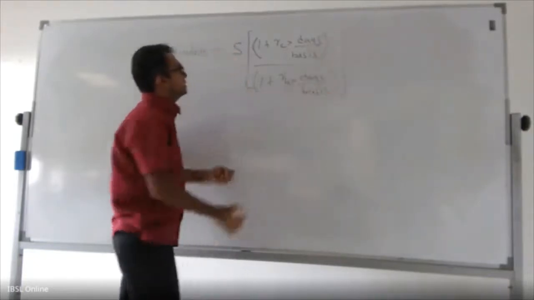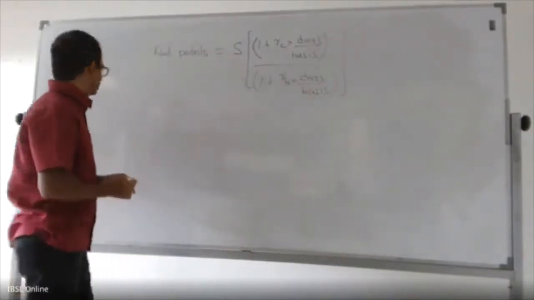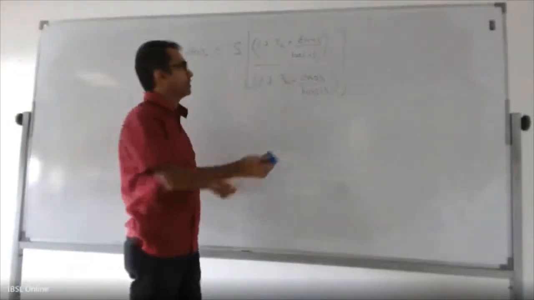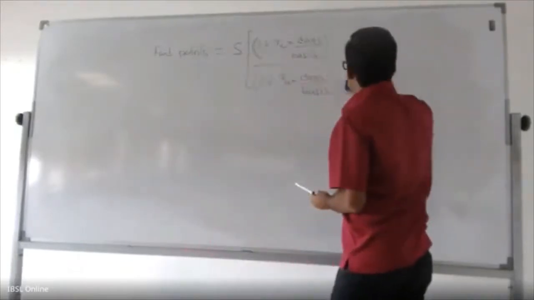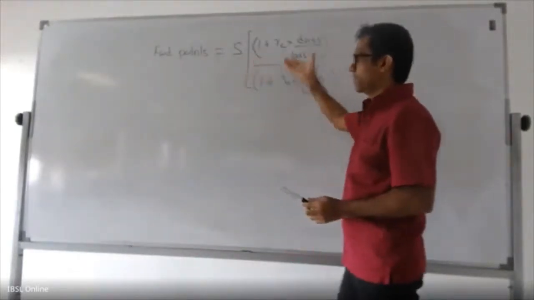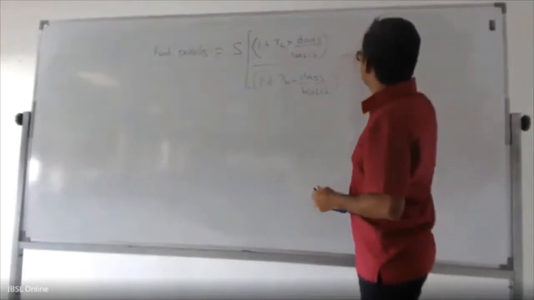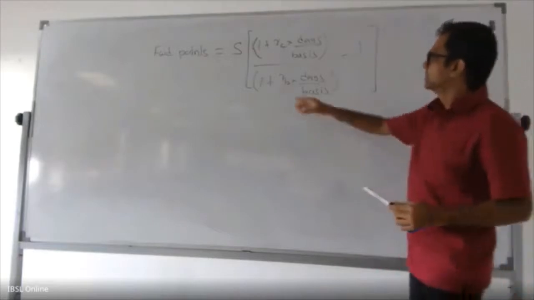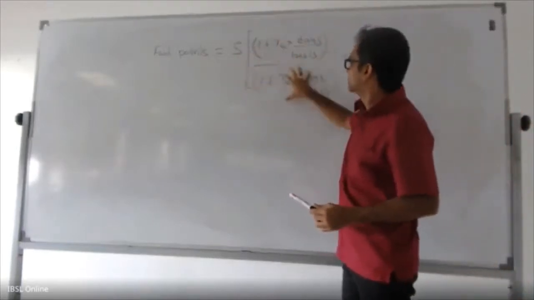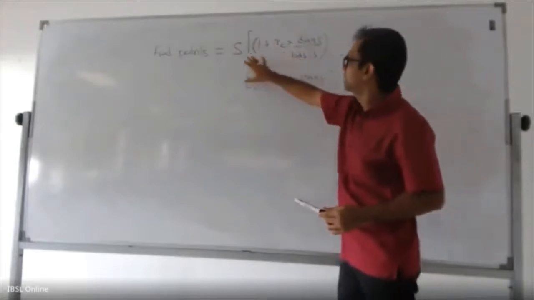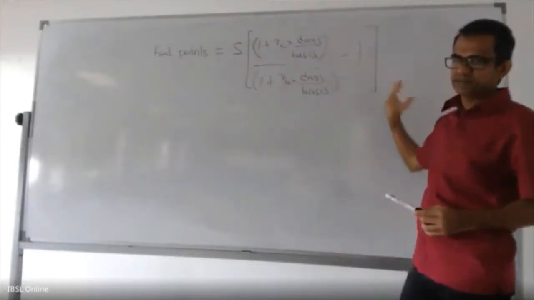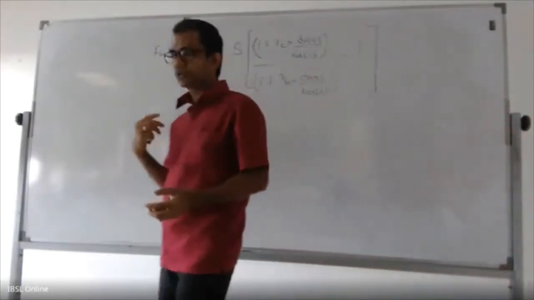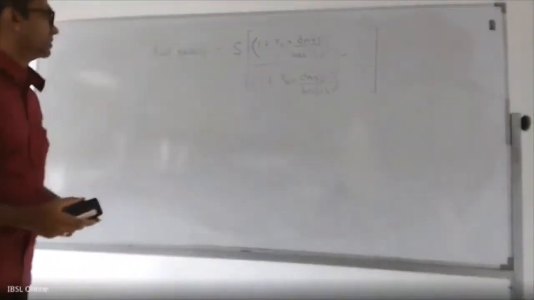Basically, this is the equation for the forward rate. Forward points are the forward rate minus spot. So this is the equation that we use to calculate forward points directly.